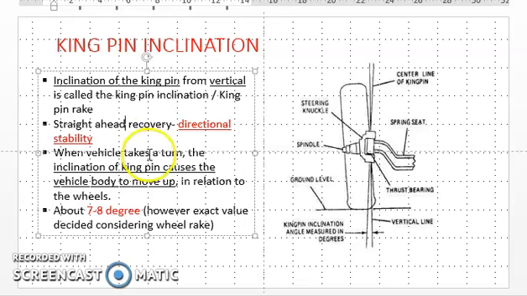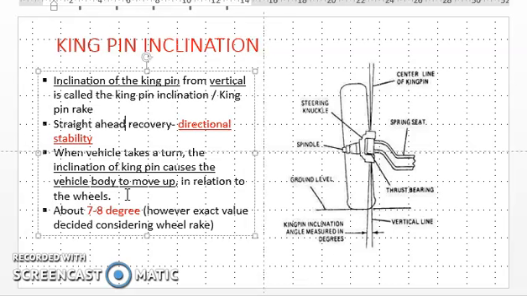Just see this: when the vehicle makes a turn, the inclination of the kingpin causes the vehicle body to move up in relation to the wheel. It is very important. This inclination causes the whole vehicle body to move in relation to the wheels. So it is a very important angle and it should be about 7 to 8 degrees.